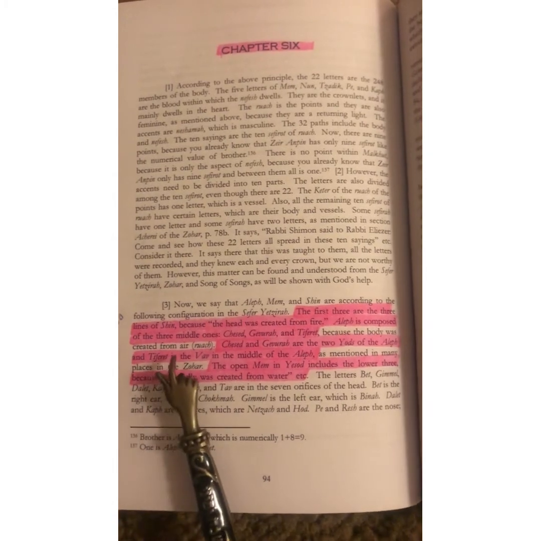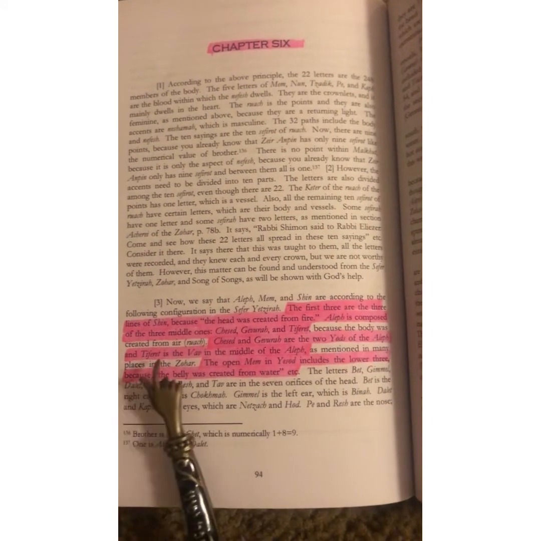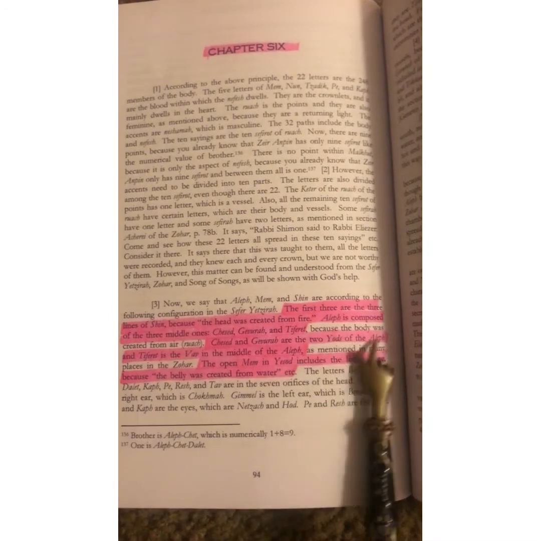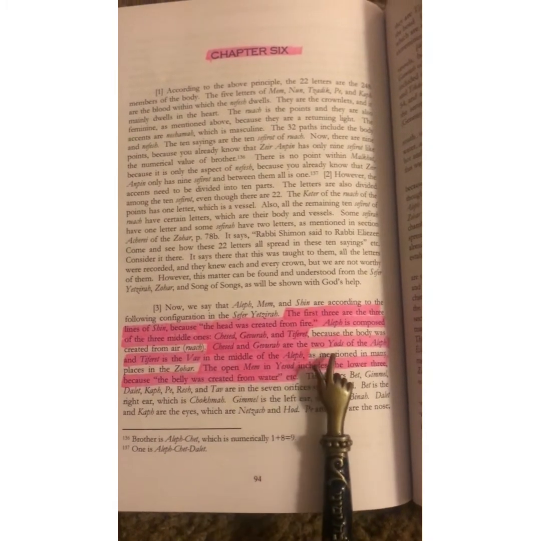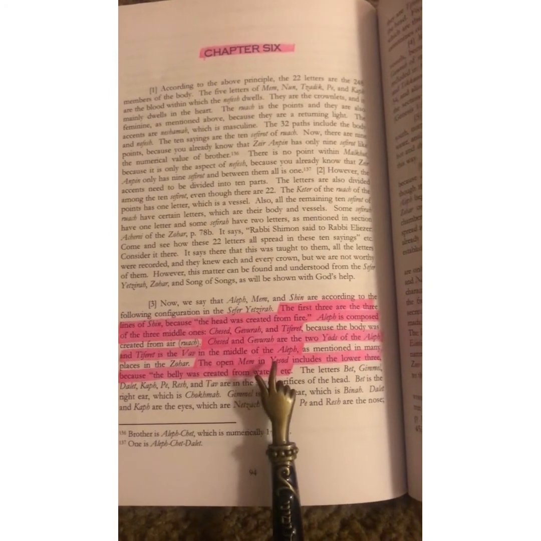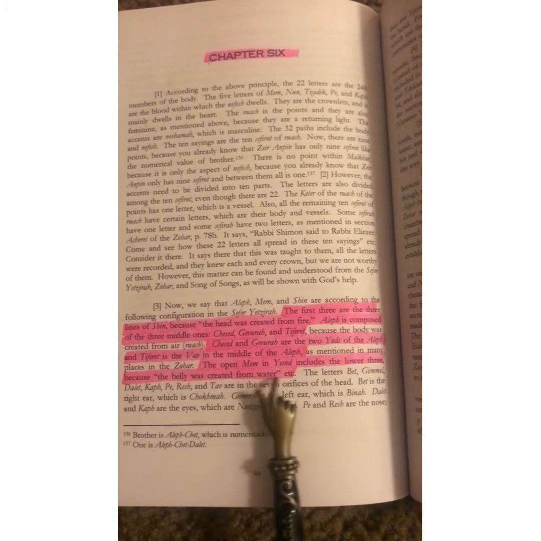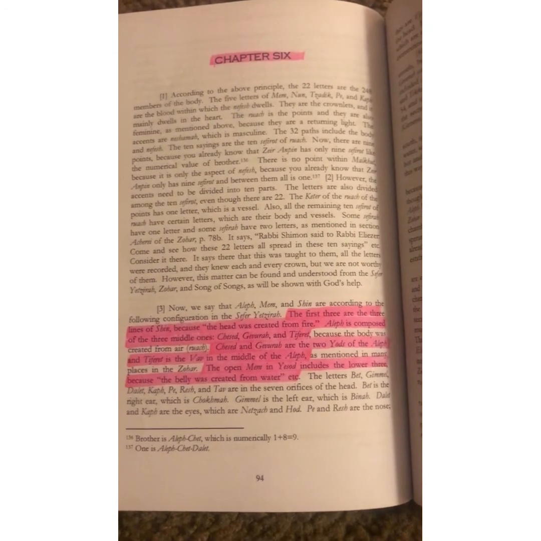Aleph is composed of the 3 middle ones, Chesed, Gavura, and Tiferet, because the body was created from air, Ruach. Chesed and Gavura are the 2 Yuds of the Aleph, and Tiferet is the Vav in the middle of the Aleph. As mentioned in many places in the Zohar, the open Mem in Yisod includes the lower 3, because the belly was created from water, etc. And the secret is demonstrated here.